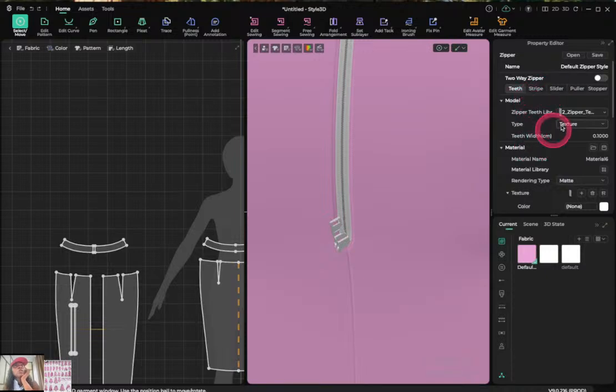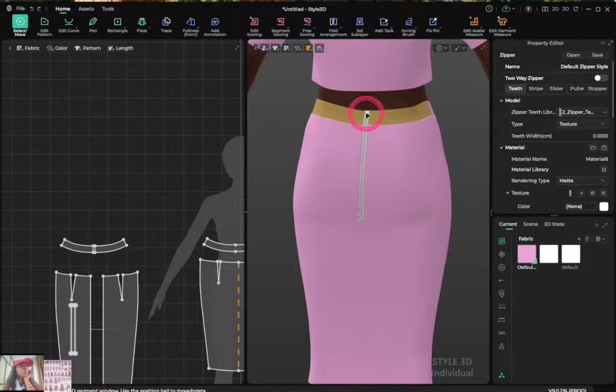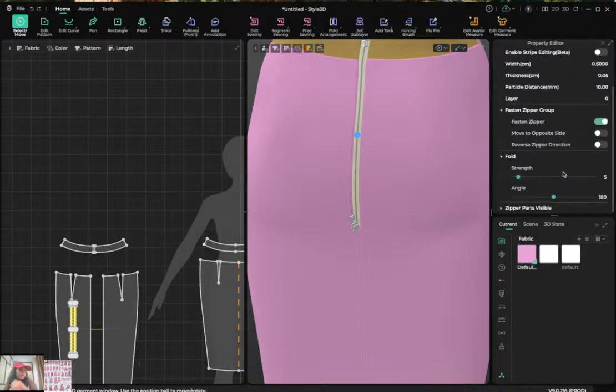No, it's not a two-way zipper, but I don't know why it's showing two sliders. Let me just make this pink so that we move on to the next skirt, because we're done here.